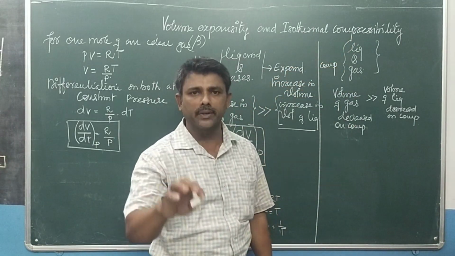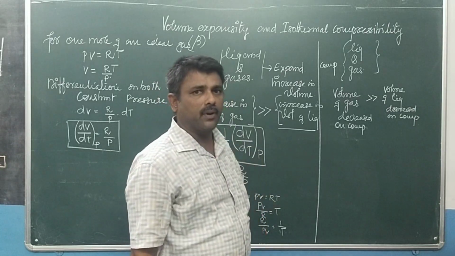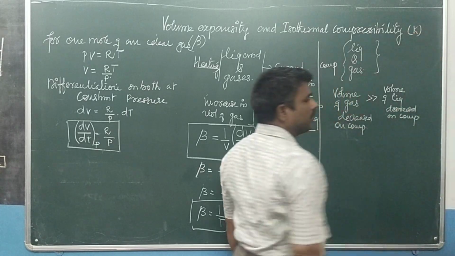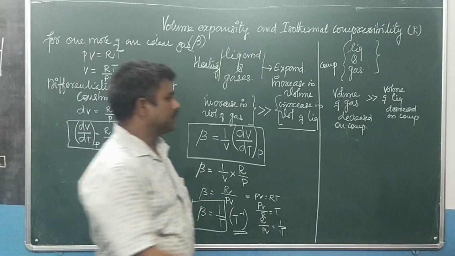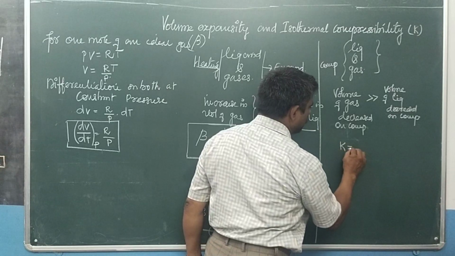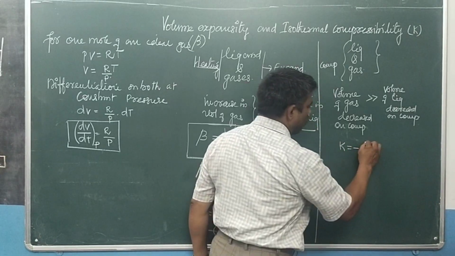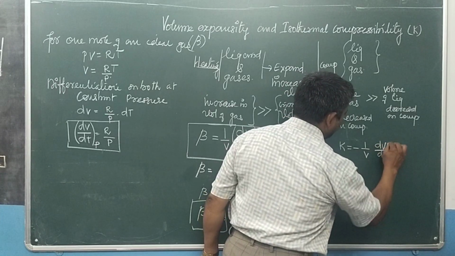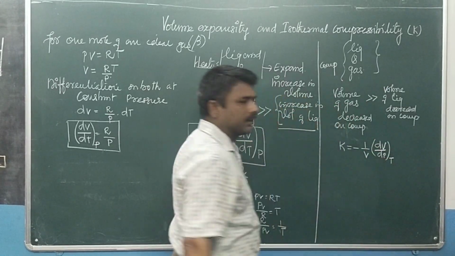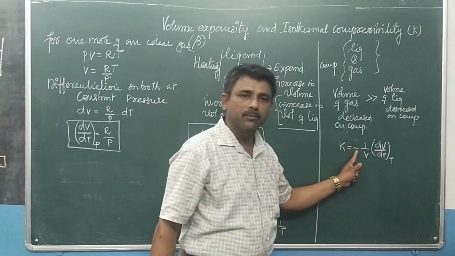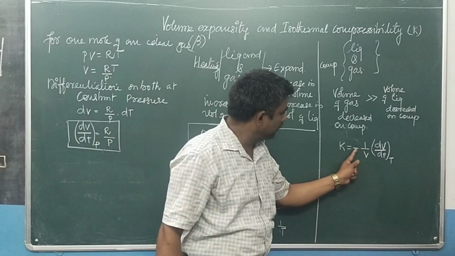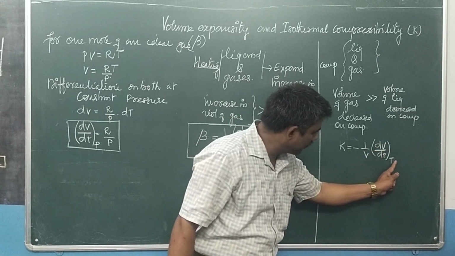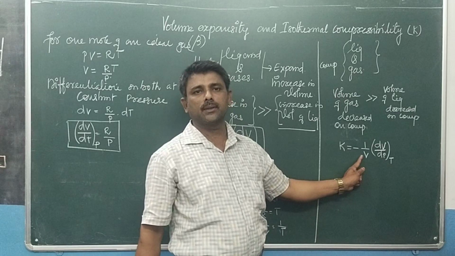Fortunately, this is also measurable. The notation for isothermal compressibility is kappa K. It is defined as kappa K is equal to minus 1 by V dV by dP at constant temperature. The minus sign indicates decrease in volume with increase in pressure at constant temperature per unit volume of the substance.